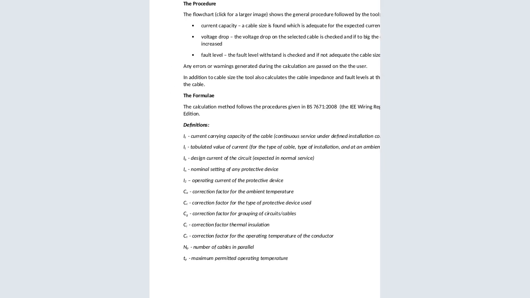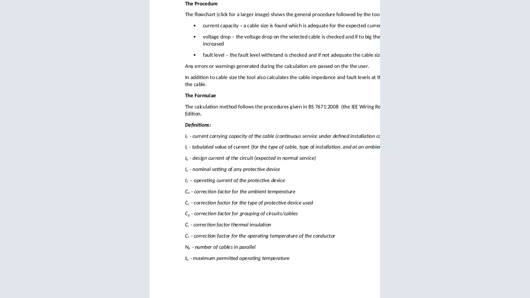CA is the correction factor for the ambient temperature. CC is the correction factor for the type of protective device. Then CG is the correction factor for grouping of circuit cables. Then CI is the correction factor for thermal insulation. Then CT is the correction factor for the operating temperature. So you can see wherever we have the C, we have a correction.